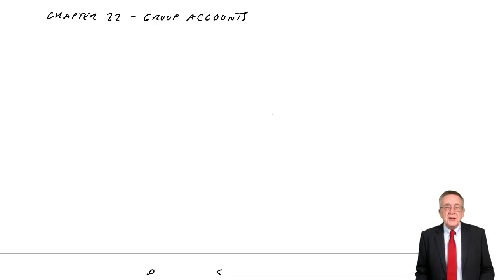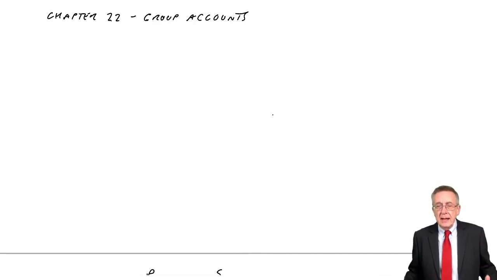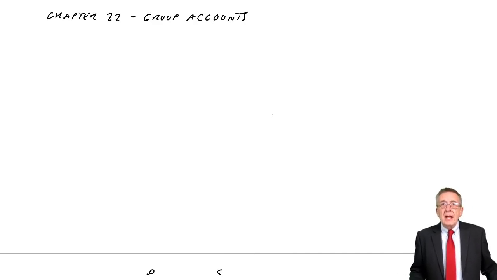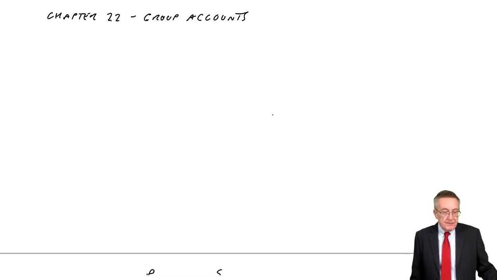And so we are required to produce a third set of financial statements as though it is effectively one big company. Several problems can occur, but let me show you what I mean by that. We'll start with a very simple one, and then we'll go through more examples bringing in the various problems.